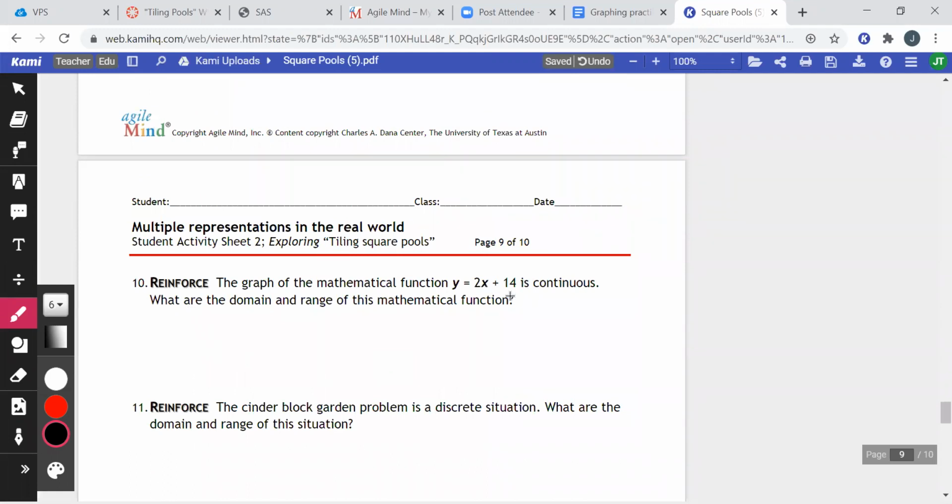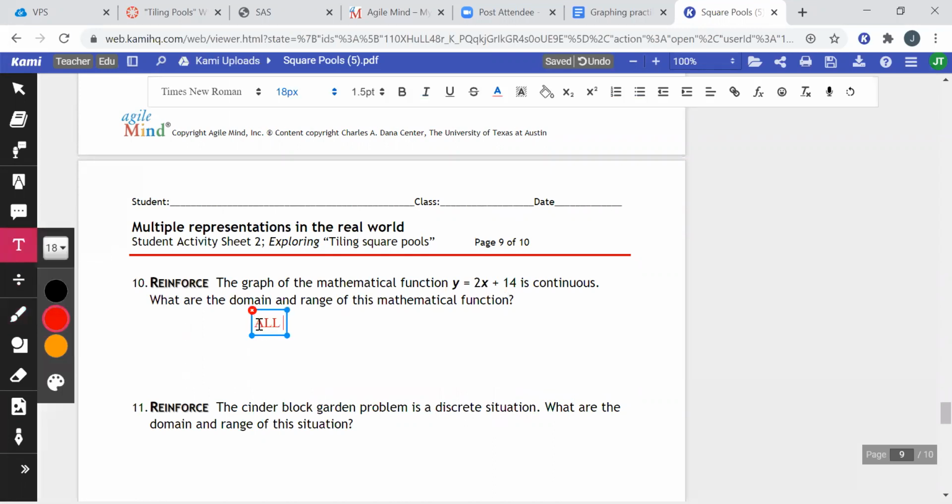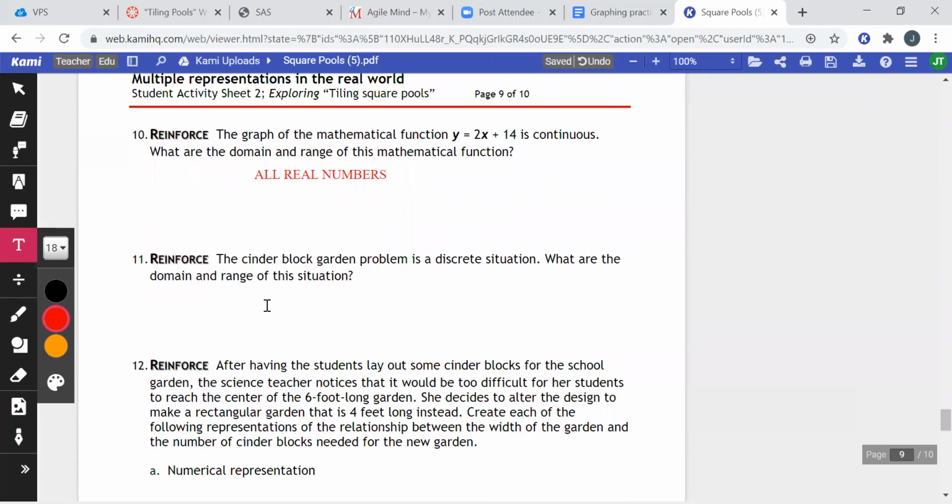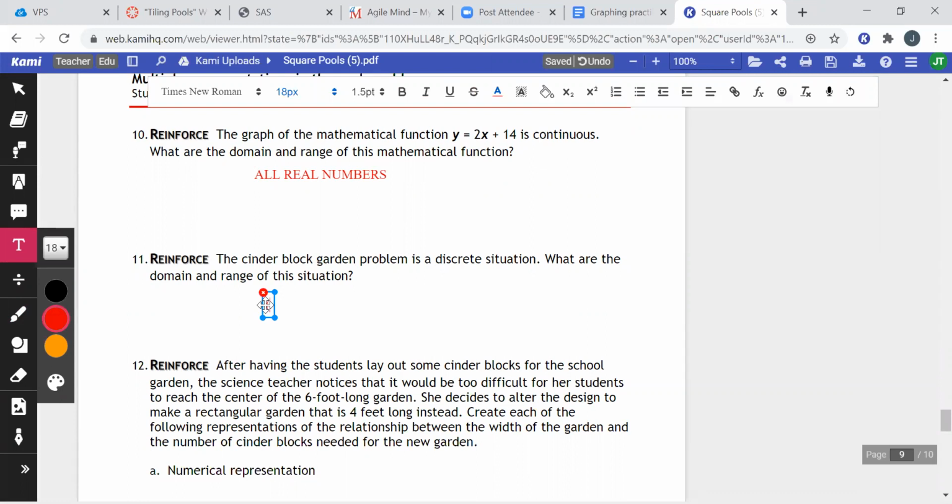If I were to graph this function, its domain and range would be all real numbers, because it has nothing to do with anything. It's just y and x, and so I can plug in anything. The cinder block problem is discrete, however. Its domain is going to be 1, 2, 3, 4, and so on and so forth.